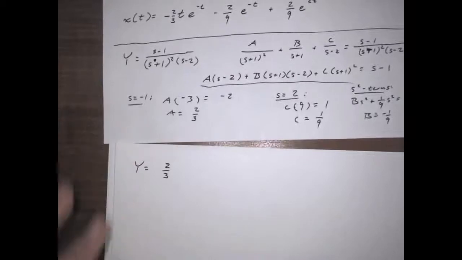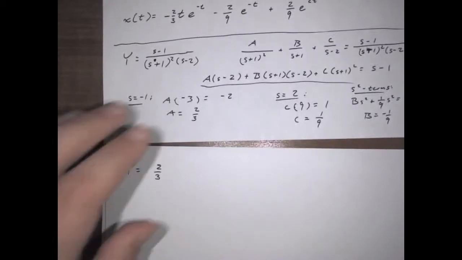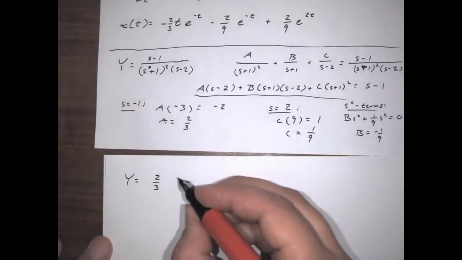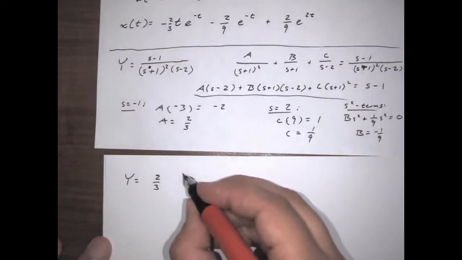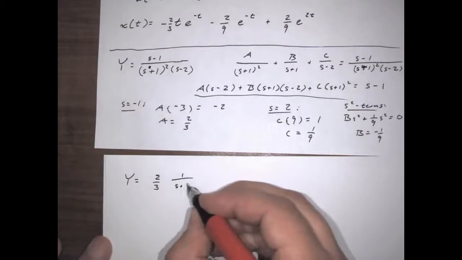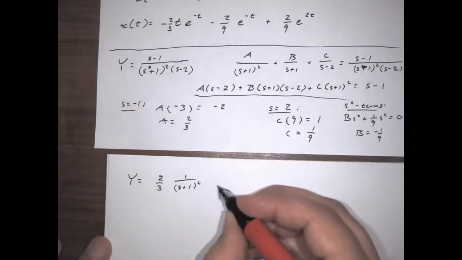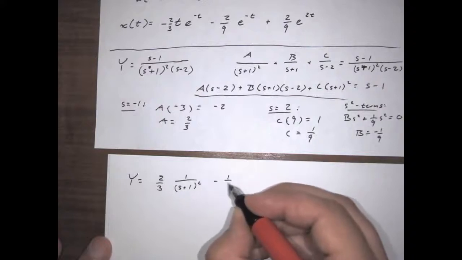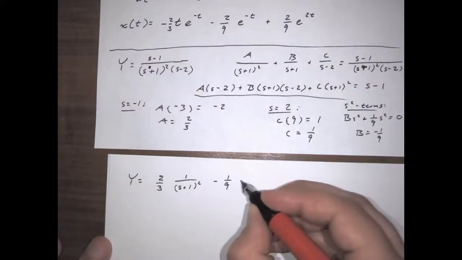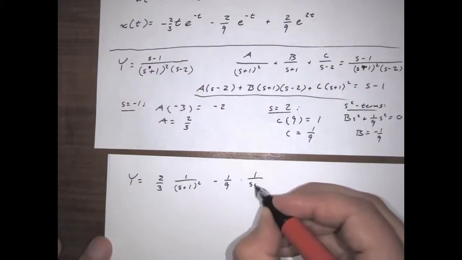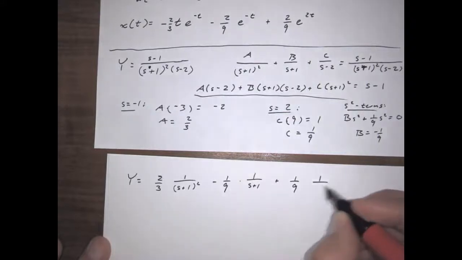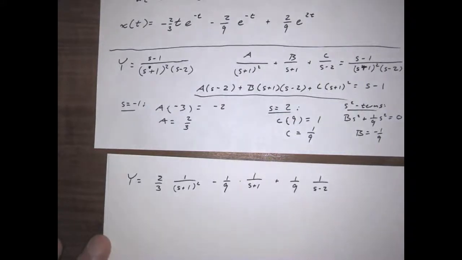Okay. So now back to the flow here. We're now on the y, and this is now positive 2/3, 1 over s plus 1 squared. The b is equal to negative 1/9 times 1 over s plus 1, and c is equal to positive 1/9 times 1 over s minus 2.